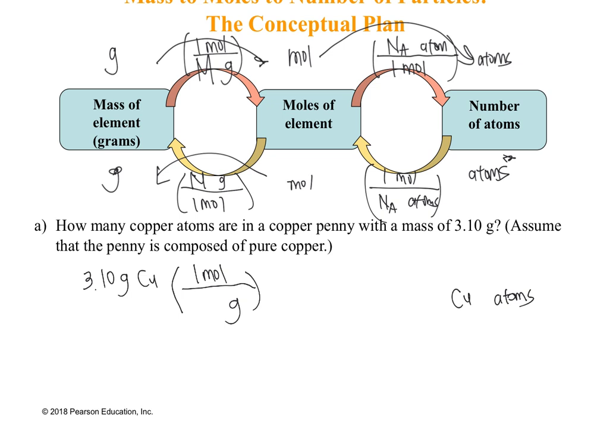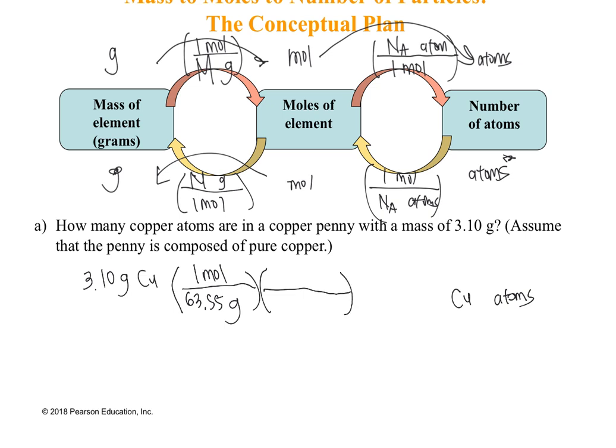So where can I find the amount of grams? Well, that is on the periodic table. So go find copper. Copper has an atomic number of 29. Its molar mass, though, is 63.55 grams.